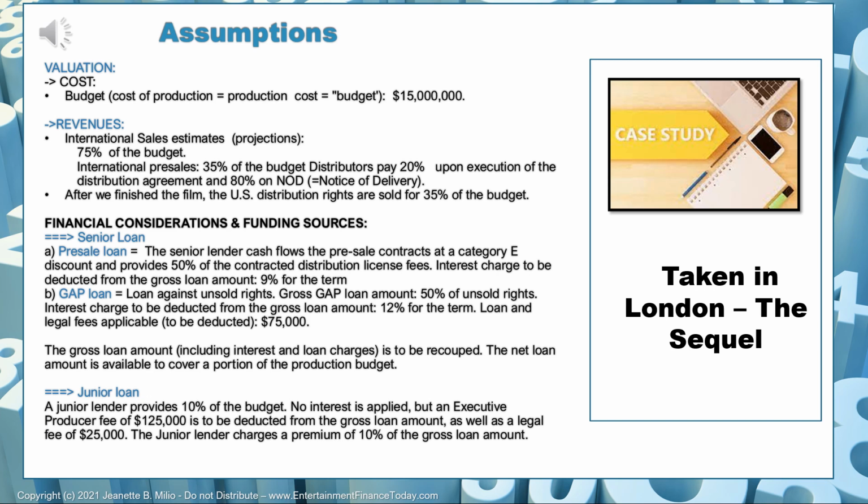You take this distribution agreement to your bank and they will look at the agreement and give you a loan. But the bank will decide what kind of loan they will give you for each of these agreements. And it very much depends on who the distributor is and how bankable the distributor is. And subject to that bankability of your buyer, of your distributor, the bank will apply a discounting rate.